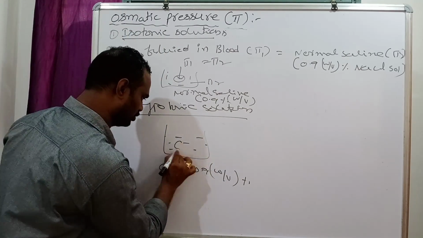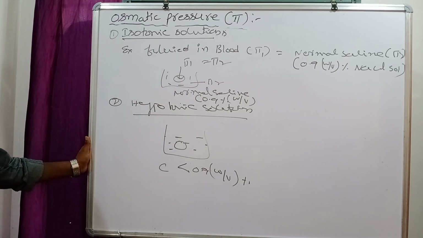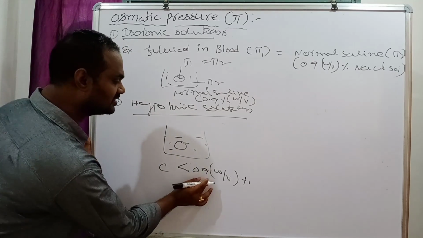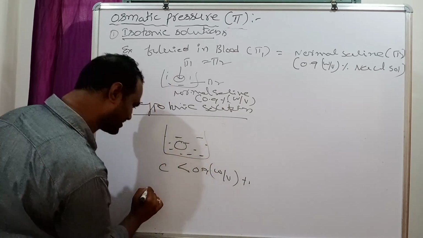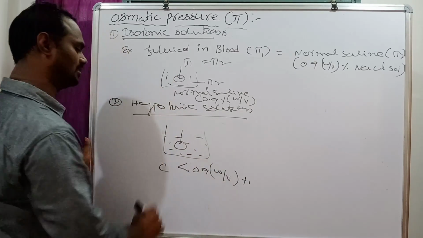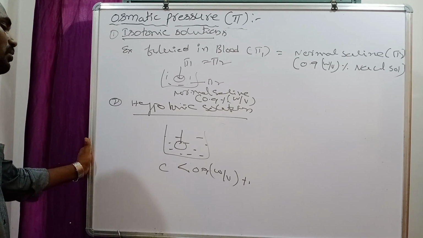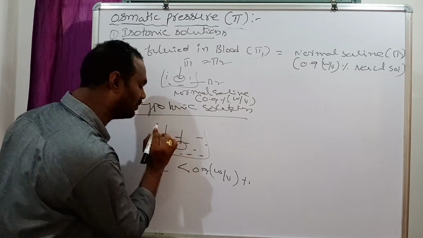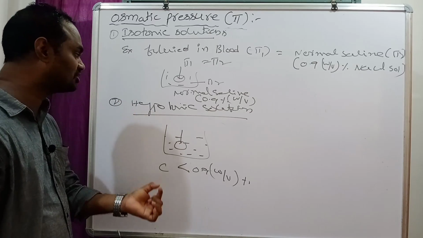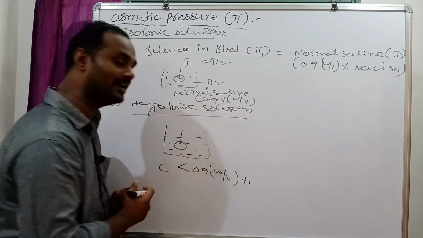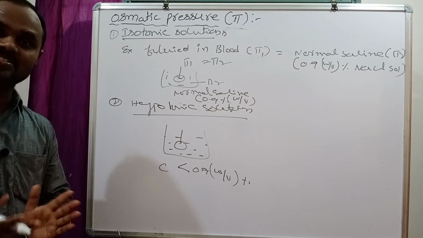When you place one blood cell in this, what will happen? The concentration of saline is less than that of the cell. Inside the blood cell concentration is more, outside solution concentration is less.